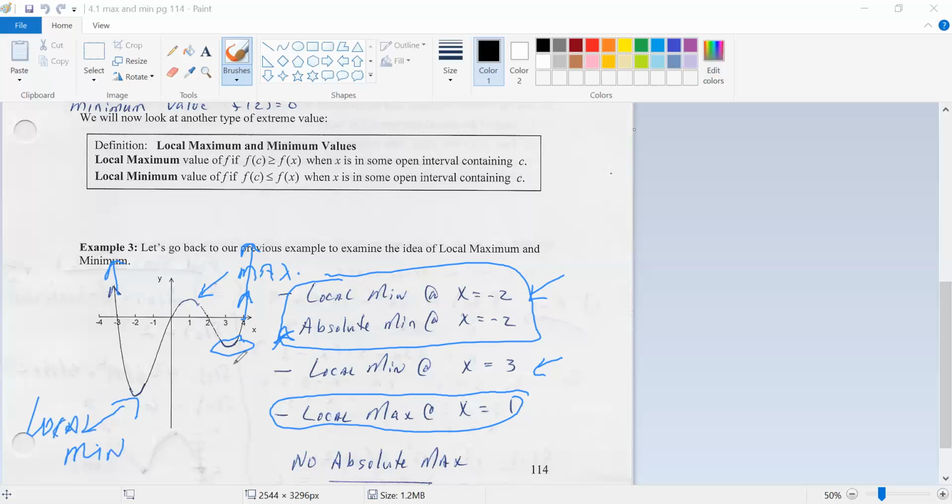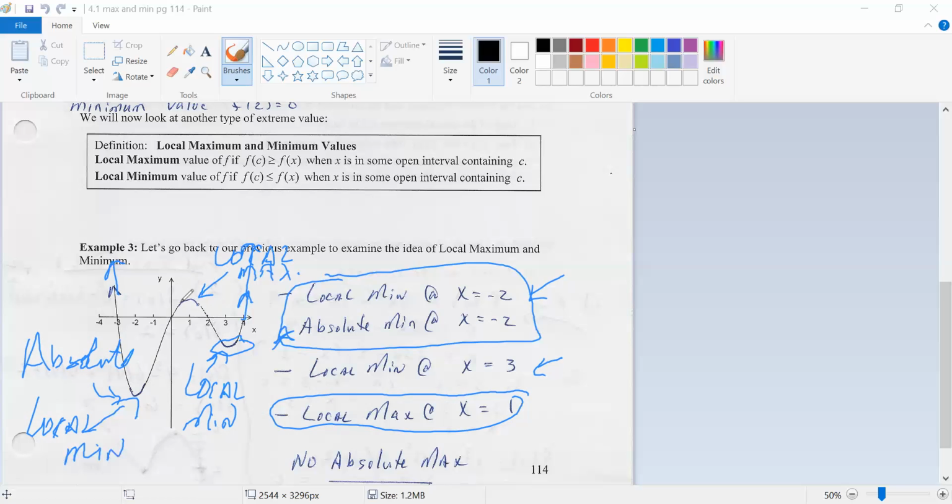At both those values, but this one is the one that is also absolute. So you can have a point of interest, in other words, at x = -2, that's both absolute and local. At 3, this is just a local min, and I should have said minimum over here. And you have a local max at this value.